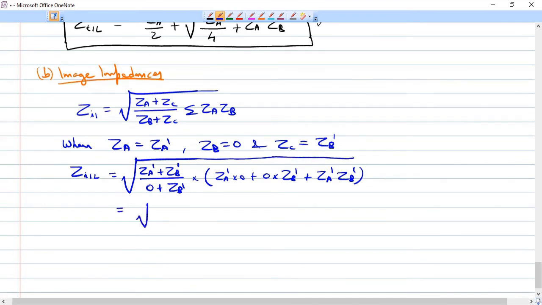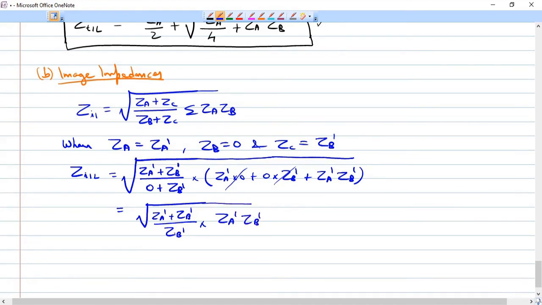Now how will it get transformed? So we have (Za dash plus Zb dash) divided by Zb dash into, so this term will vanish. We have only Za dash into Zb dash.